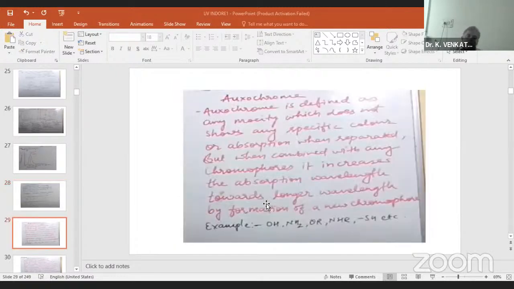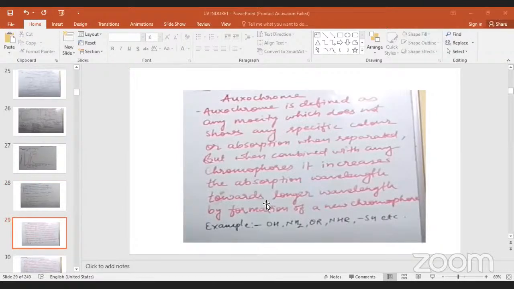And what is an auxochrome? An auxochrome is a structural feature or functional group which itself doesn't absorb in the UV radiation, but once it is attached to a chromophore, it increases the value of lambda maximum.